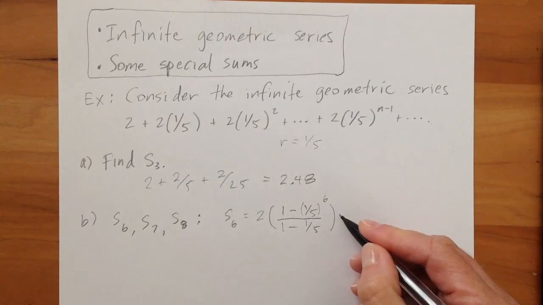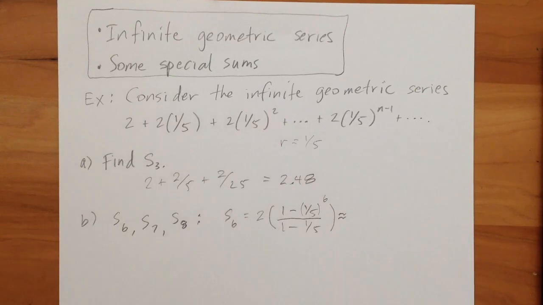Okay, so then if you plug that into your calculator, we get 2 times 1 minus a fifth to the sixth, divided by 1 minus a fifth. Don't forget the parentheses around your denominator and your numerator. You get about 2.49984.